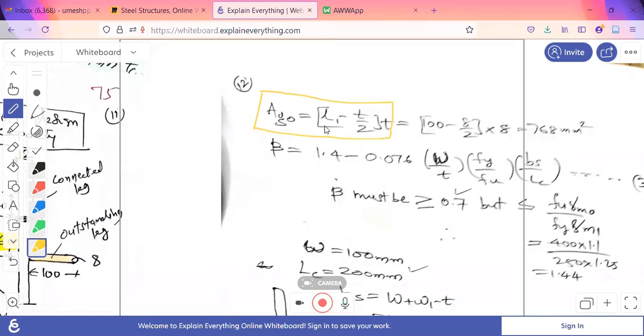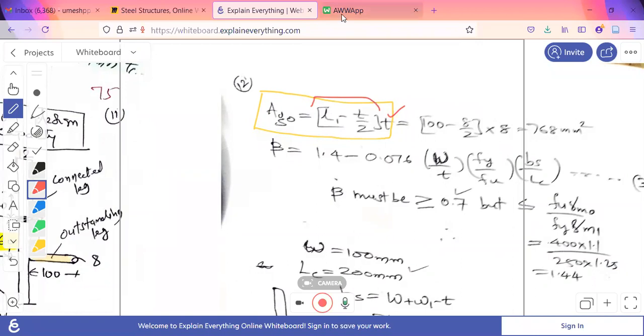You may get confused by this formula, that's why I'm clearing it. L1 minus T by 2 into bracket. This is the length part, length into thickness T. This entire thing, L1 minus T by 2, is the length, into thickness. So that is AG naught.